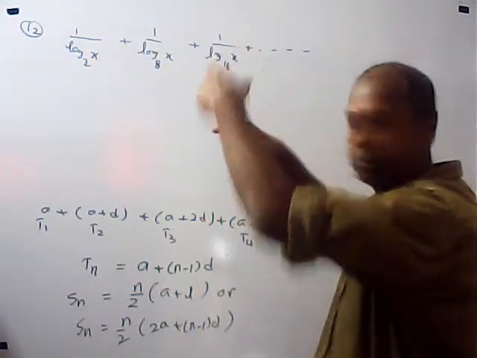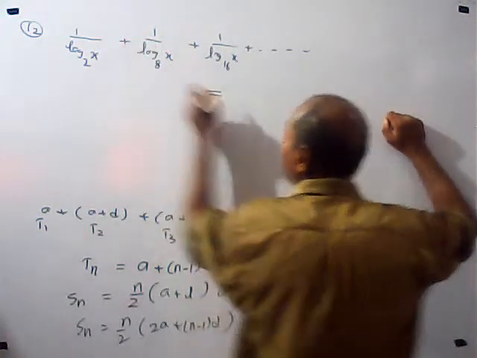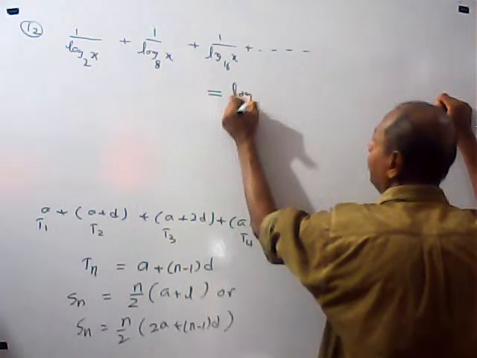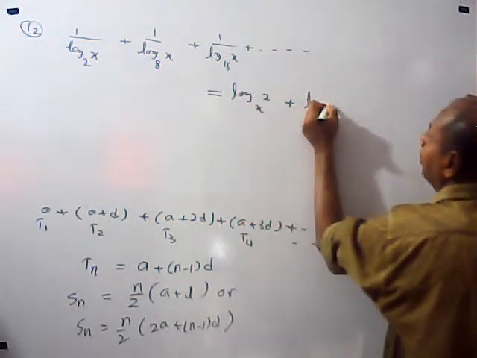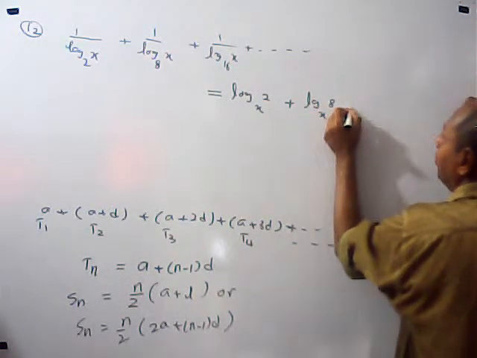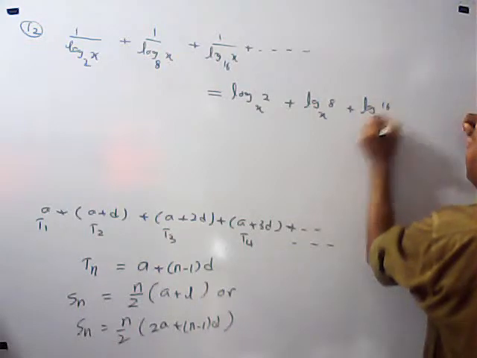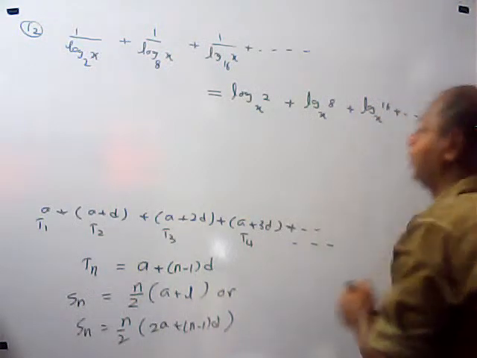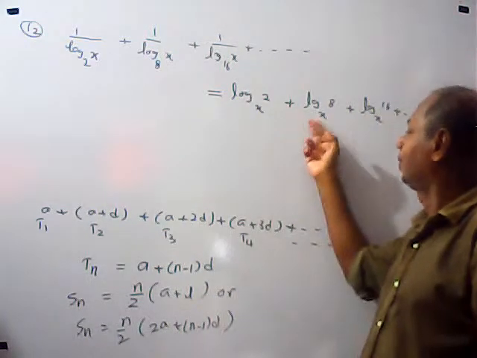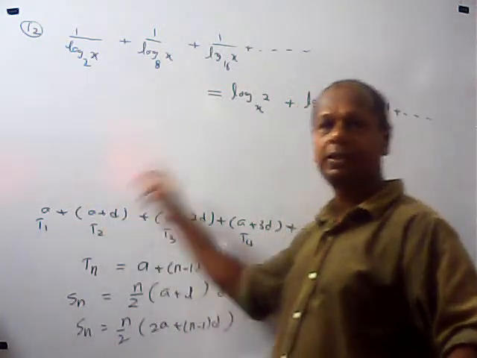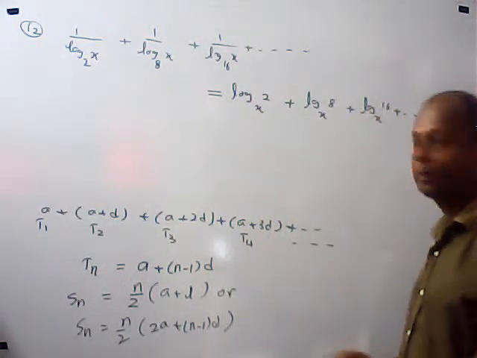You take them to the top. Changing the base, you can take them to the top. So it equals log 2 to the base x plus log 4 to the base x plus log 8 to the base x plus log 16 to the base x and so on. Now you should see something here: a, a plus d, a plus 2d. We are getting closer to it.